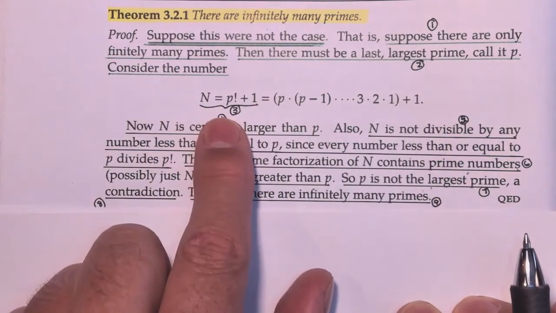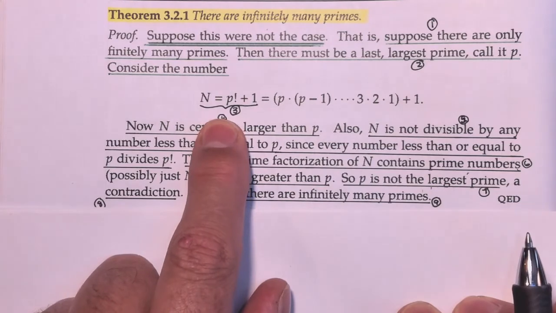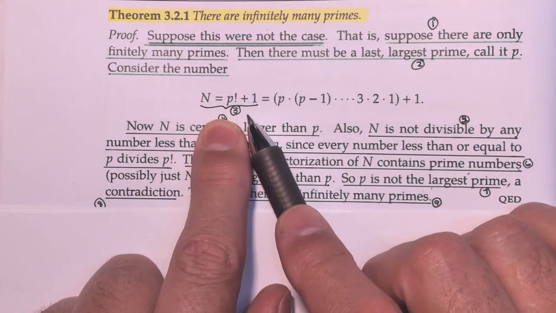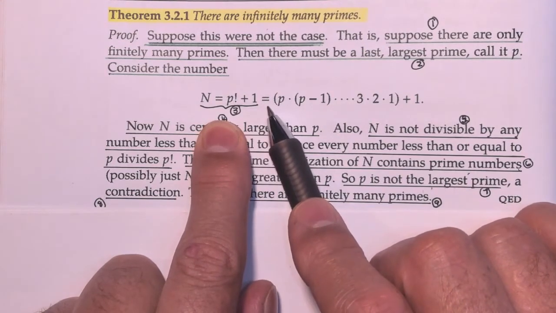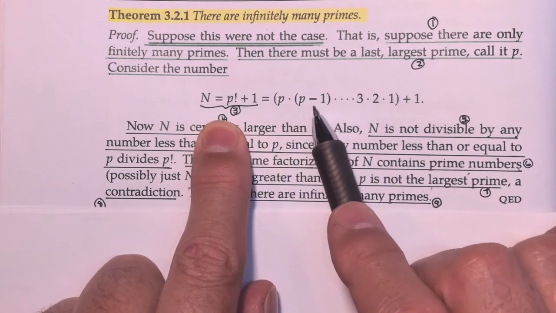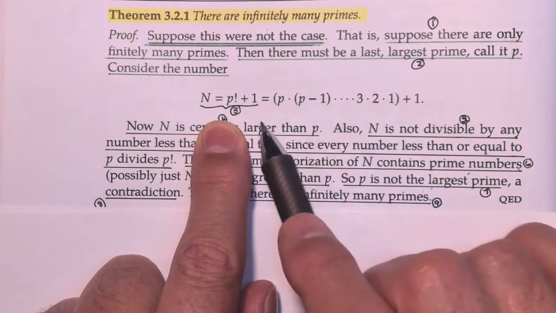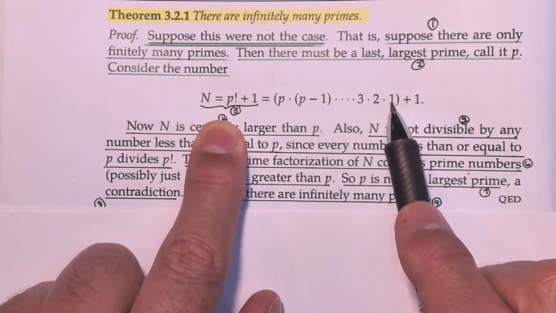So now we're going to consider the number n, which is p factorial plus 1. Now if we take that number, the number is made up as follows. P times p minus 1 times p minus 2 continues in that fashion. That's what p factorial by definition means, until it hits 1.